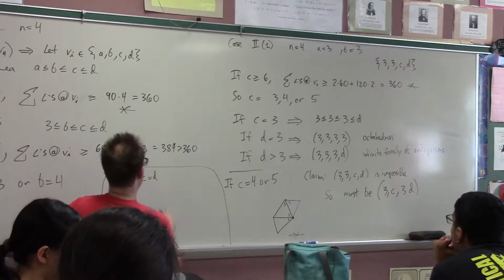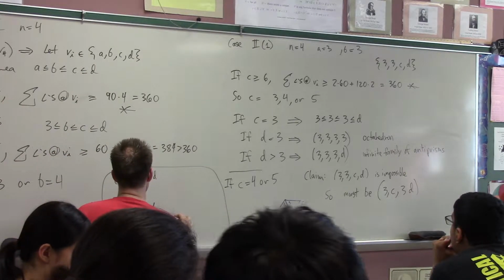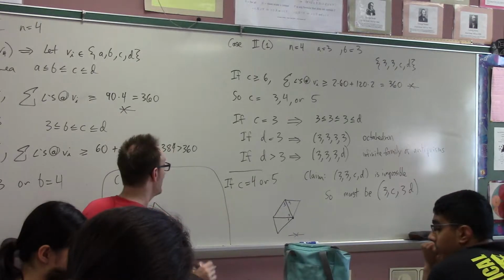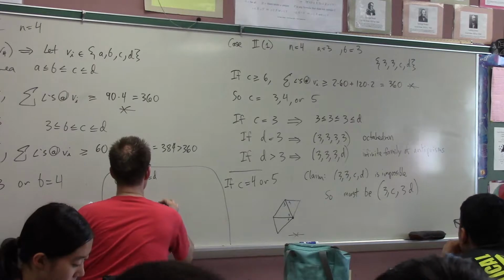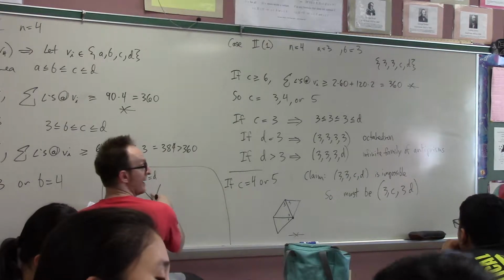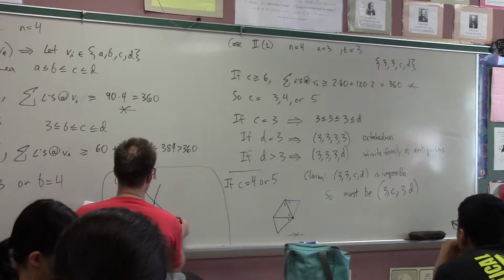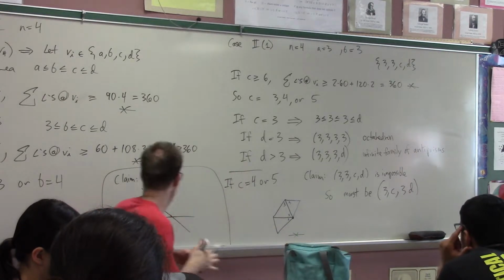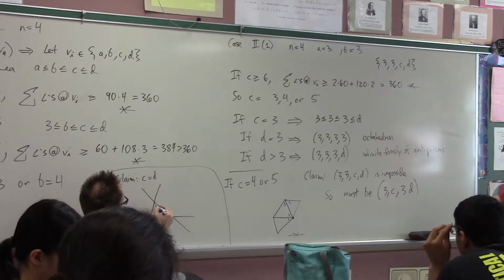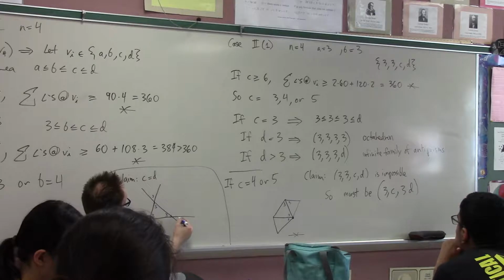Once we know it's in the form 3,C,3,D, then there must be another triangle here, and another triangle here, and another triangle here. And this is a 3, and this is a 3, and 3, and 3, and 3.